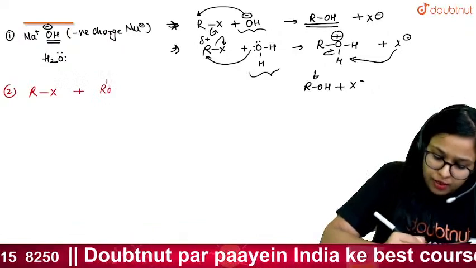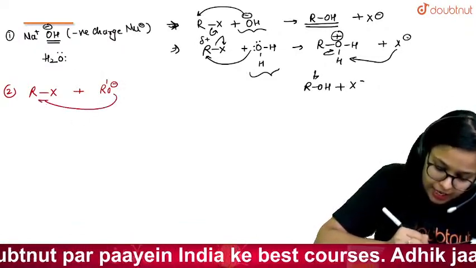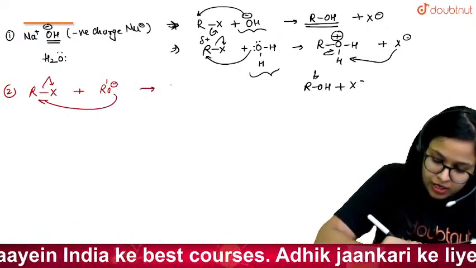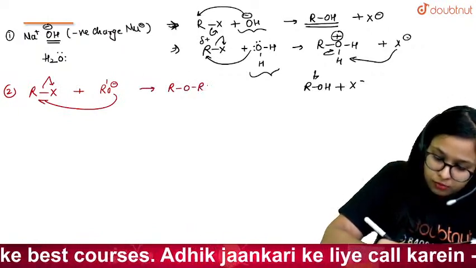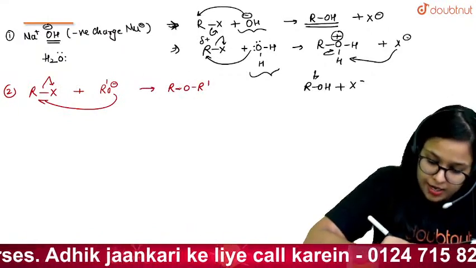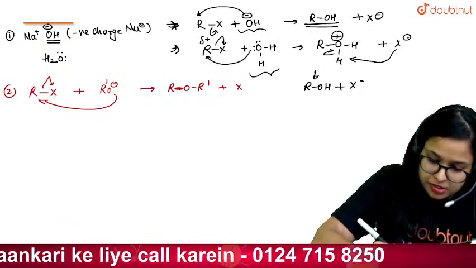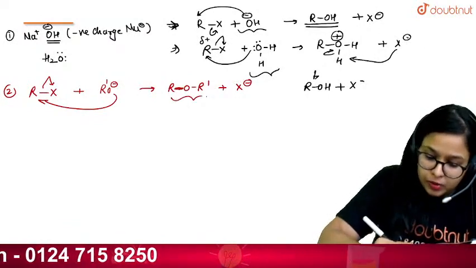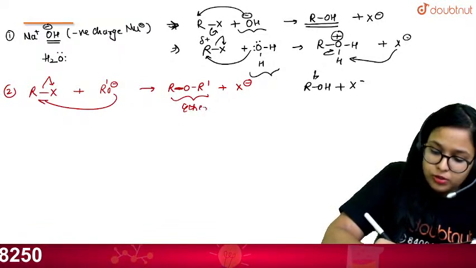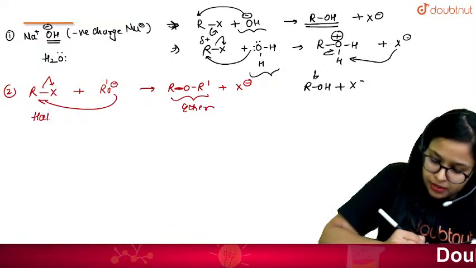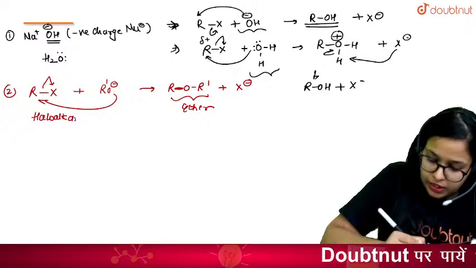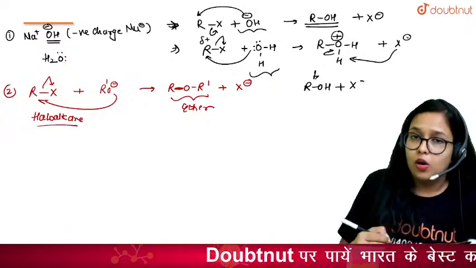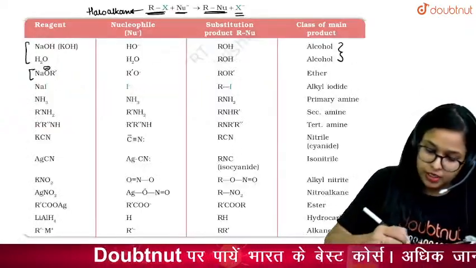R dash O minus attacks carbon, removes X minus, a new bond is formed between R and oxygen, and the old bond is broken between R and X, and X minus is released. Now this is the new functional group which is known as ether. How do you prepare ethers from haloalkane? By the reaction with NaOR, right?